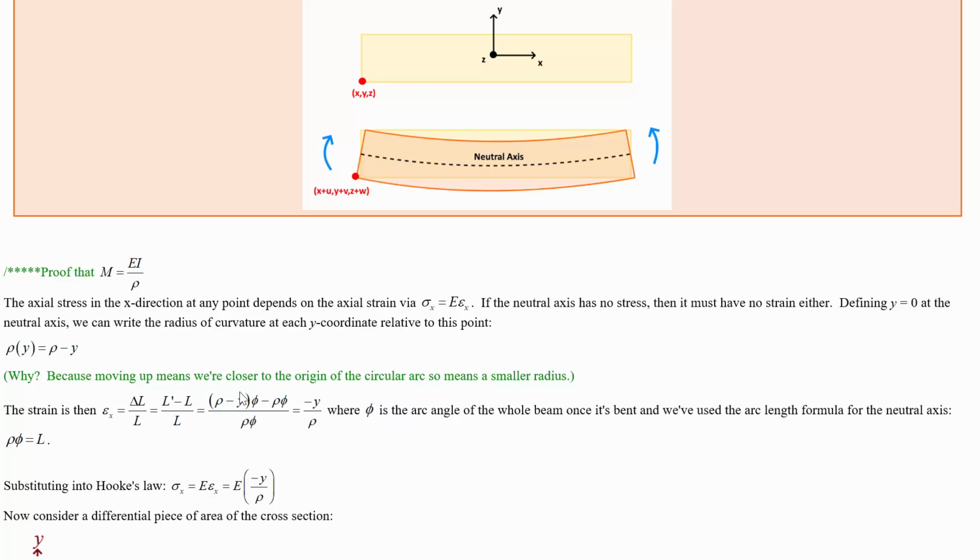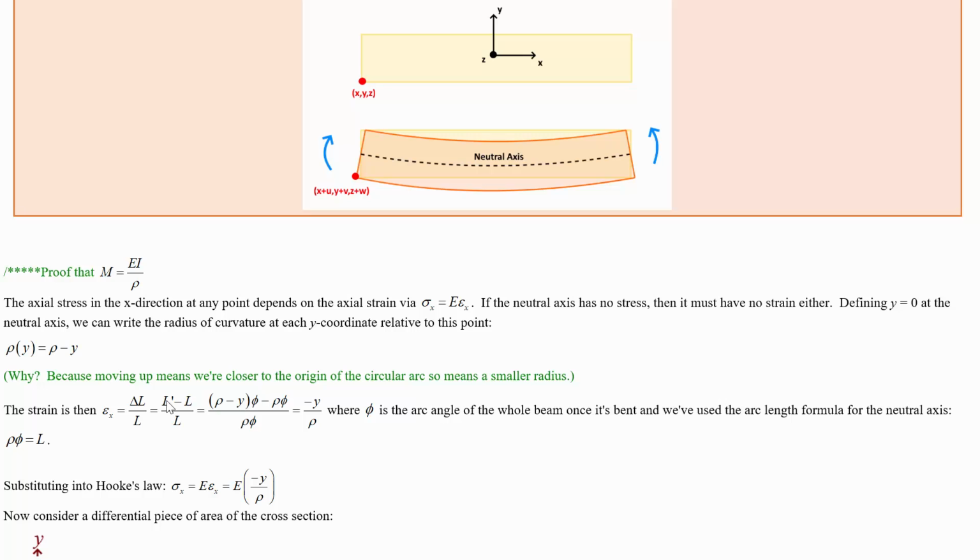And the new length is the new radius times the angle that this whole arc is subtending. This angle, whatever it is, phi, is going to cancel anyway. It could be a small segment of angle locally, or it could be the whole angle of the beam. It doesn't matter if it's in uniform bending.